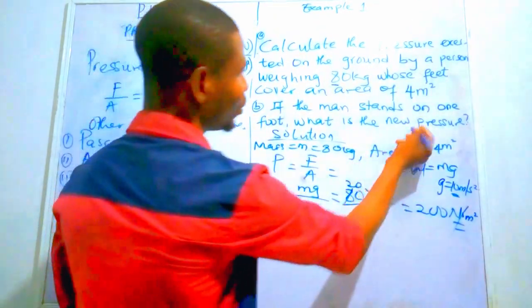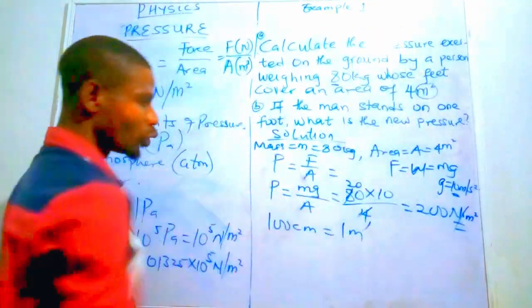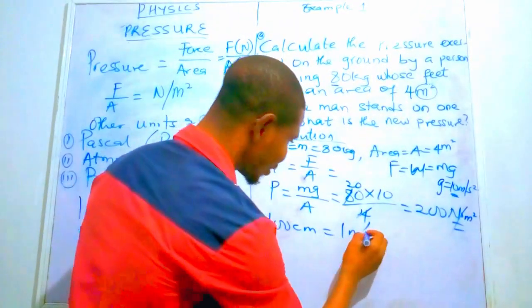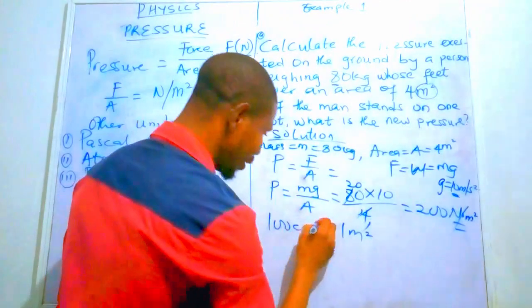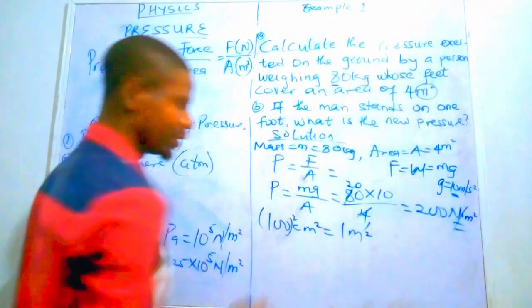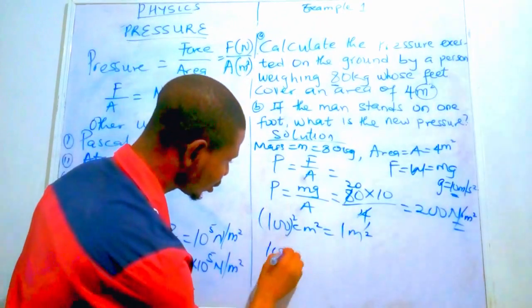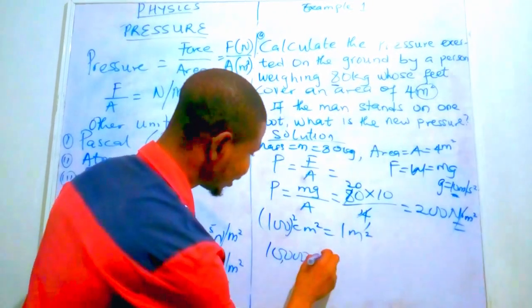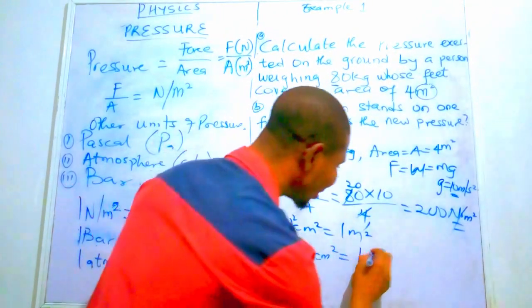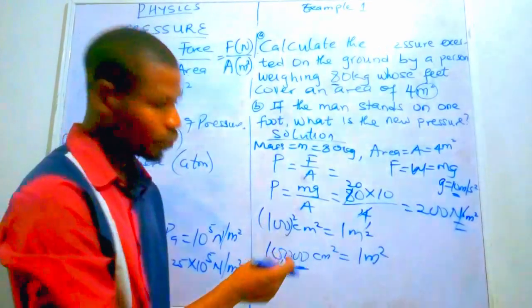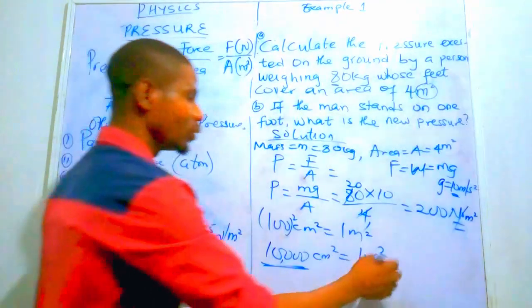So it therefore means that you square this, you square this, you square this. So 10,000 centimeter square is equal to 1 meter square. Please do take note. Do not use 100. Please take note of this.